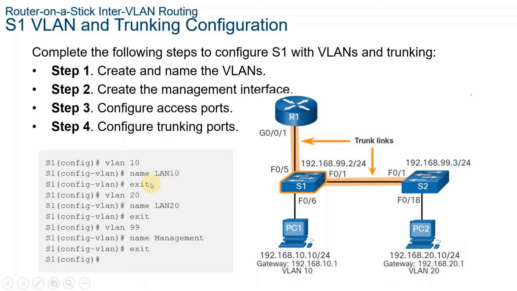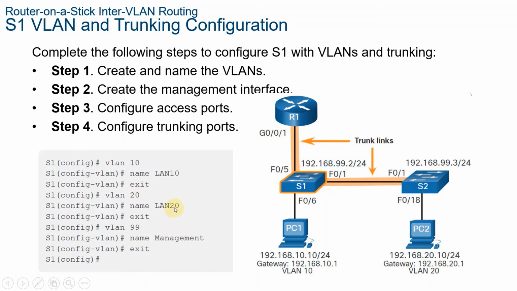So this is how we configure a VLAN and name it. For switch 1, that would be VLAN 10, then give it a name, in this case LAN 10. Exit, VLAN 20, name LAN 20. And you've got VLAN 99 here, name management.